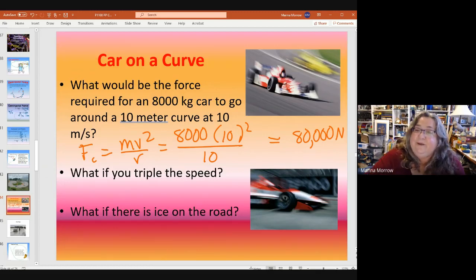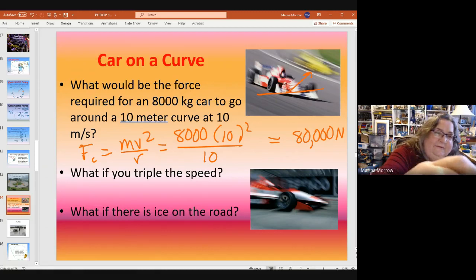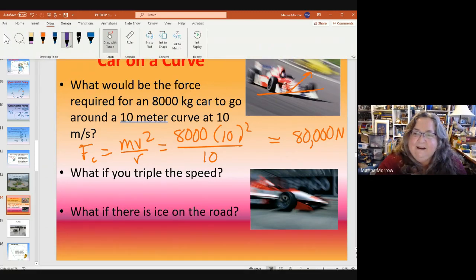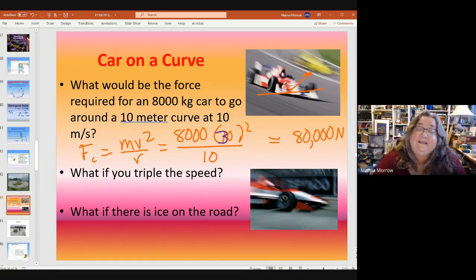Of course, one thing with race cars, often these Formula One cars and stuff, is that the track is slanted. That helps push them towards the center. But yes, if they're going faster, which they would be, let's say we triple the speed, what's going to happen then? Well, as you triple the speed, that's going to get squared.